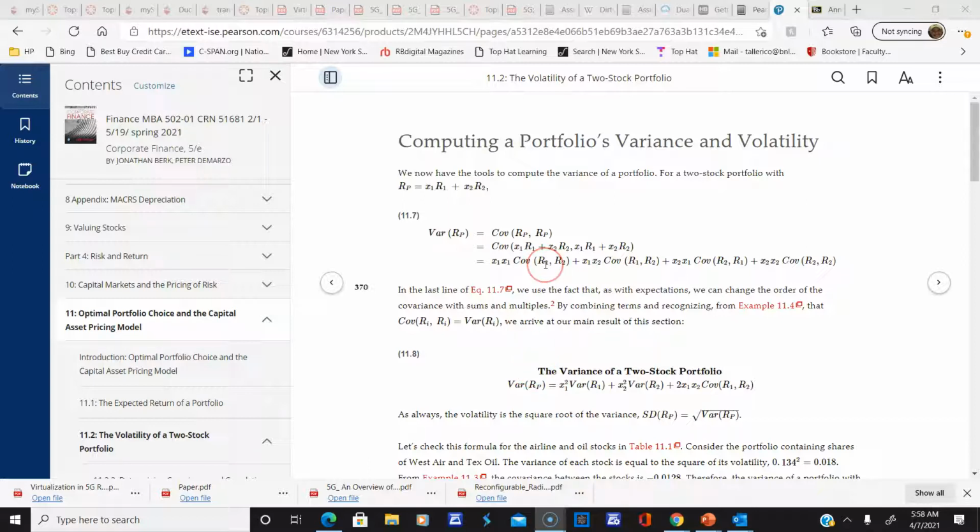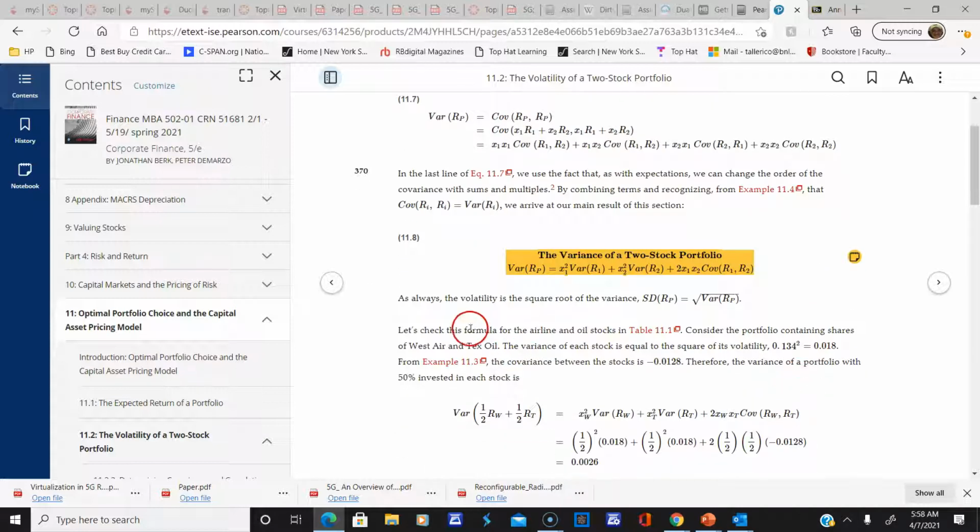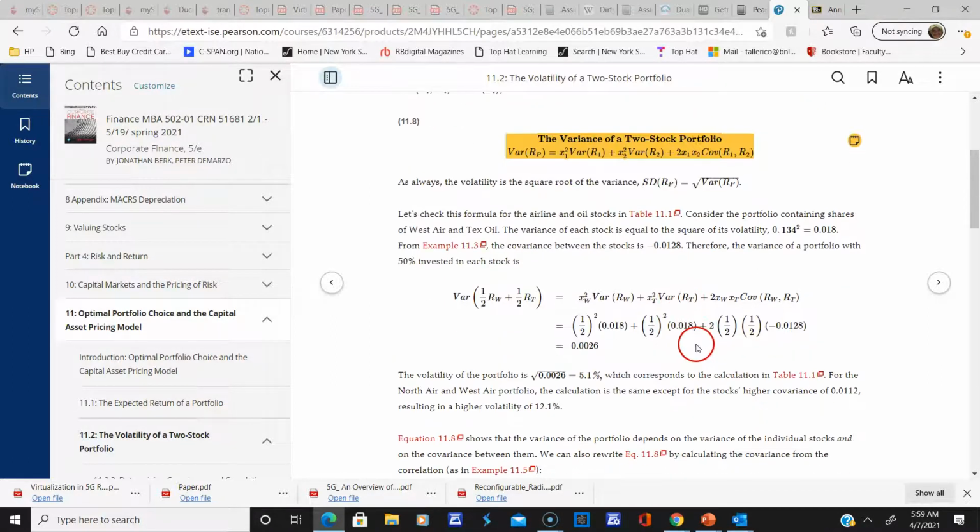They take this, right? And basically they simplify it. So here's how you get the variance, okay? And I believe he used that in the example we just saw. And again, the standard deviation is just the square root of the variance, okay?